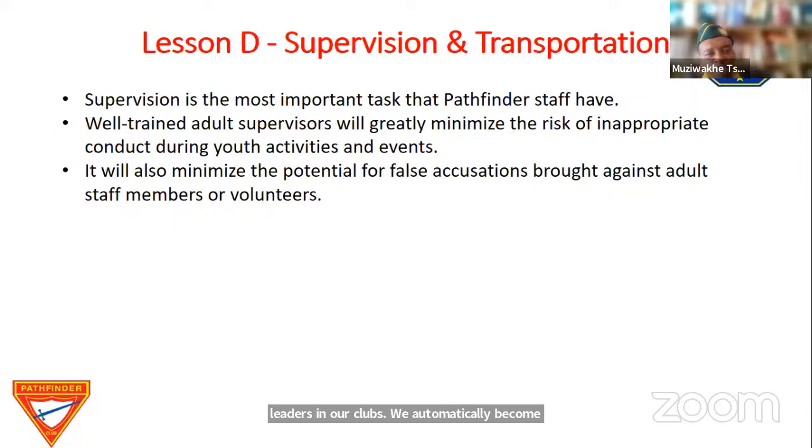And what I also need to emphasize is that it will also minimize the potential for false accusations brought against adult staff members or volunteers. If you have had proper training, like we are going to go through it now, you will see that it will minimize false accusations leveled against any of the adults who are supervisors in our clubs.